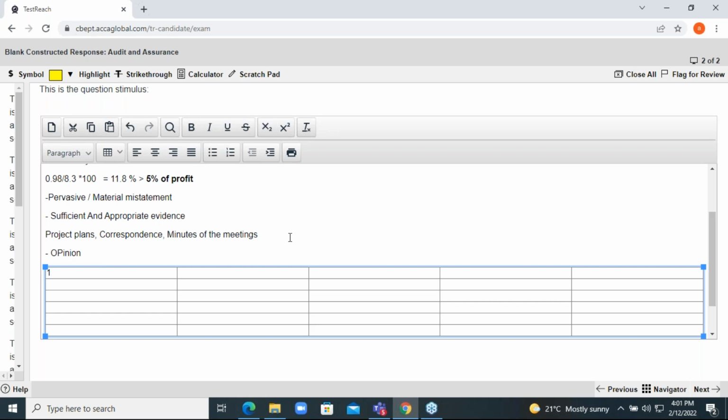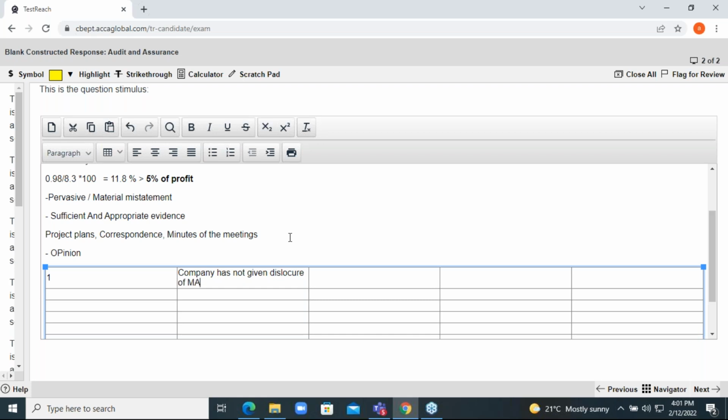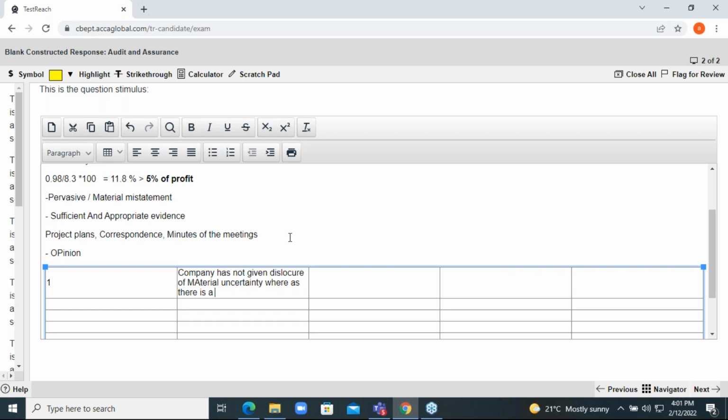Question number 1: for example, the company has not given disclosure of material uncertainty, whereas there is a material uncertainty.